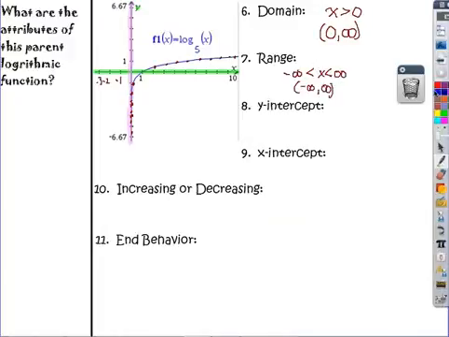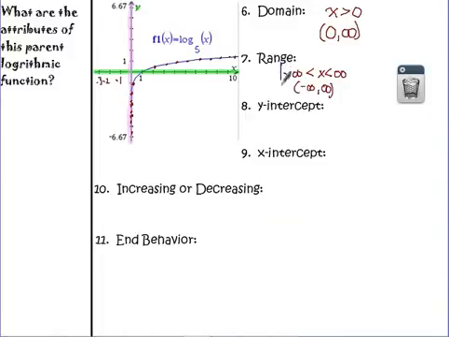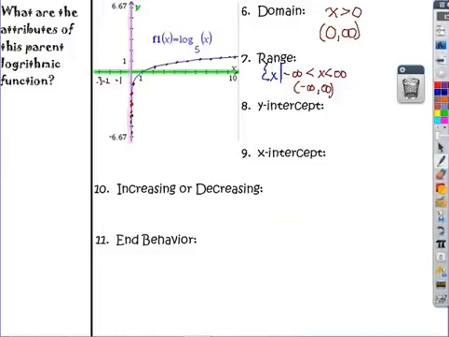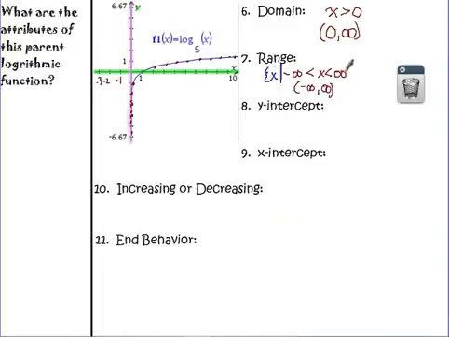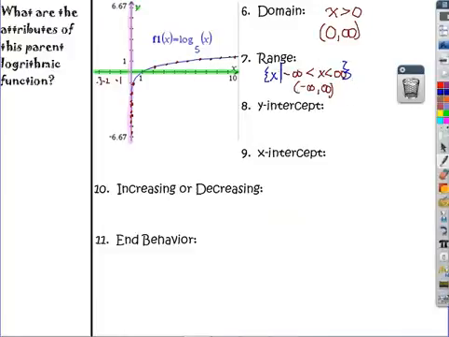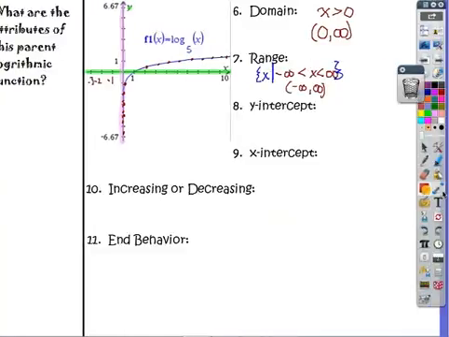I can also switch this to set notation right quick. If I just add a vertical line here, the variable in front, and brackets on each side, now I've been able to write the range. I'm doing range here. Look what I did.